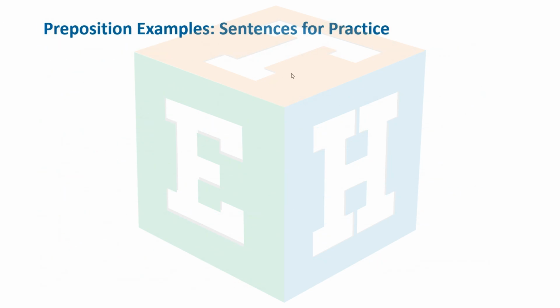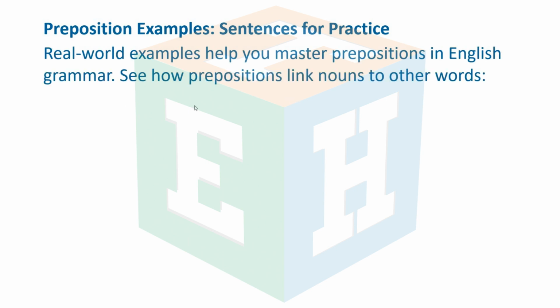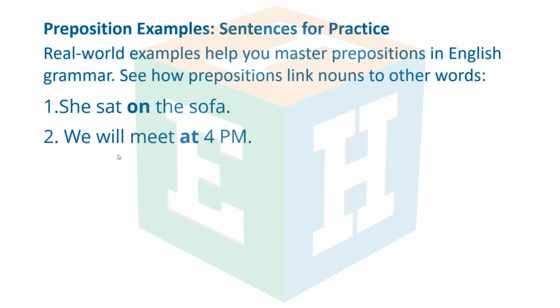Preposition examples, sentences for practice. Real-world examples help you master prepositions in English grammar. See how prepositions link nouns to other words. Number 1, she sat on the sofa. We will meet at 4 p.m. The cat hid under the bed.